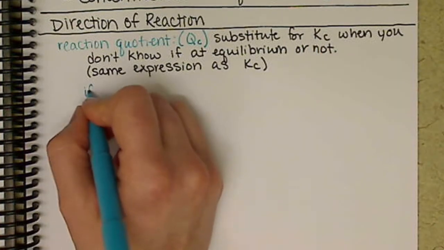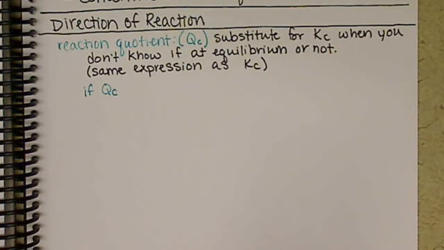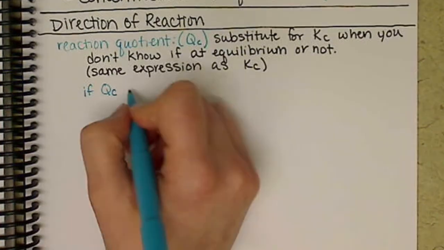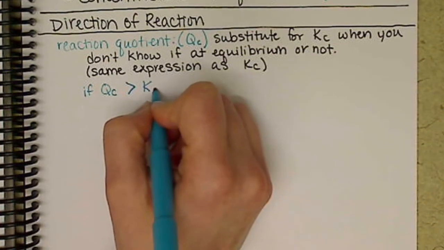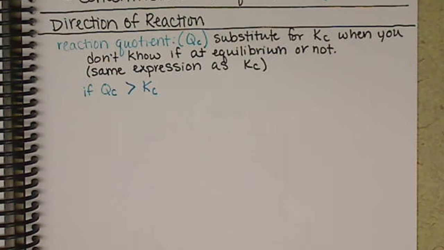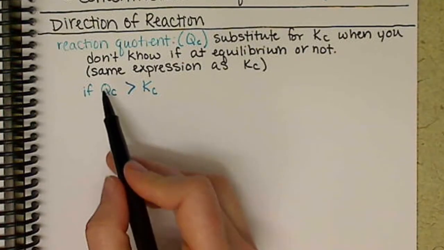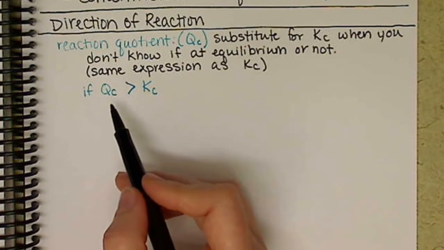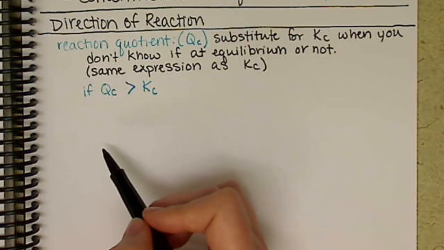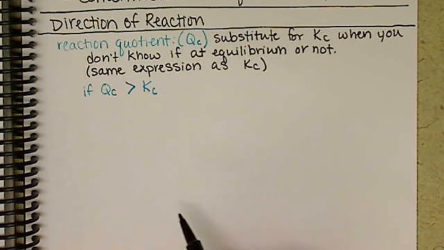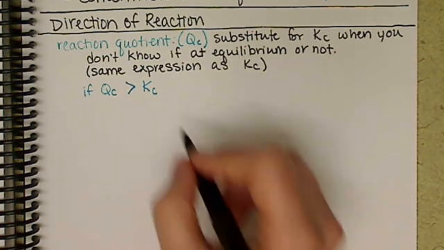If the value that we calculate for Qc is greater than the value for Kc, that means Qc is too big: the numerator is too large, the products are too large. So the progression of our reaction is going to shift to our reactants, or shift to the left.